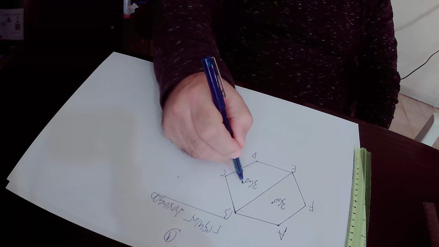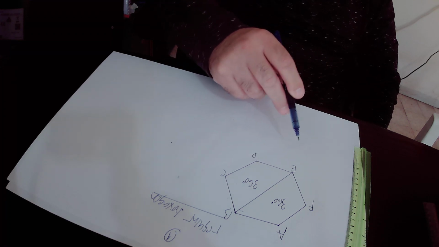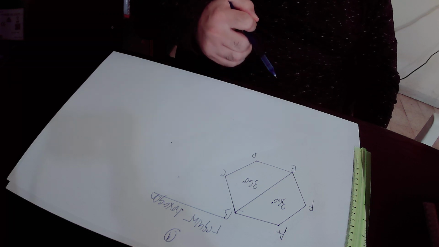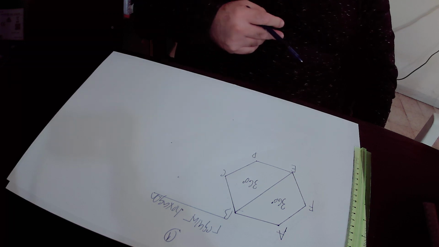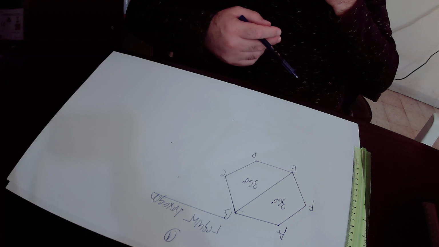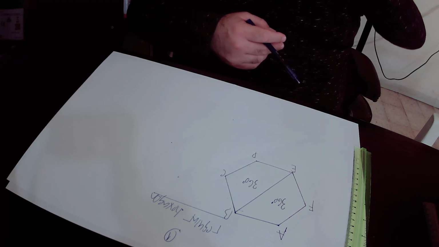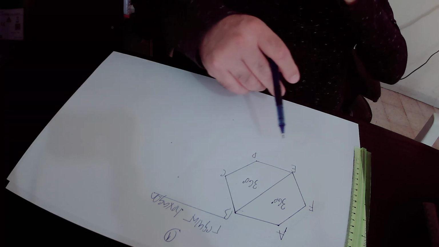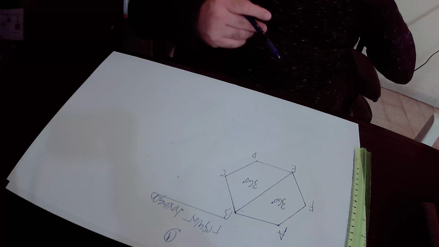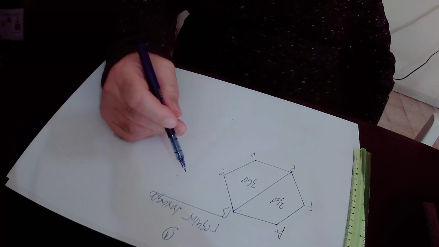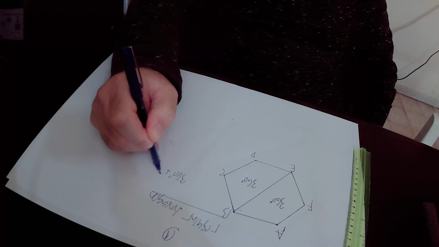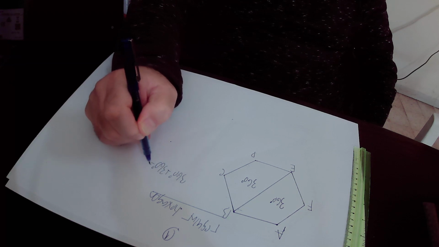And because this regular hexagon consists of exactly those 2 quadrilaterals, the sum of the angles in those 2 quadrilaterals will be equal to the sum of the angles in this regular hexagon A, B, C, D, E, F. So the sum of the angles in those two quadrilaterals is 360 degrees plus 360 degrees, that is 720 degrees.